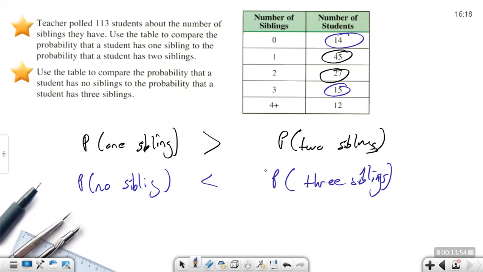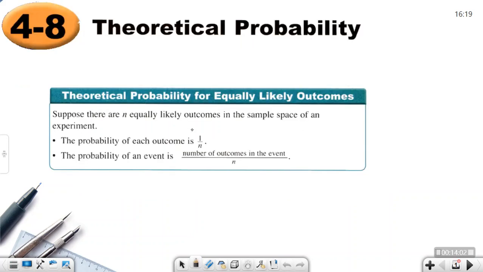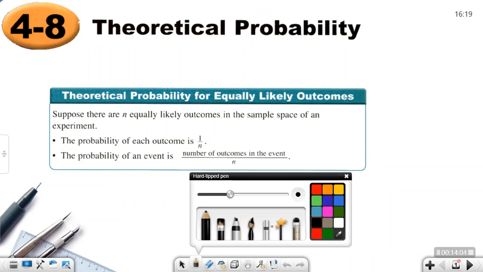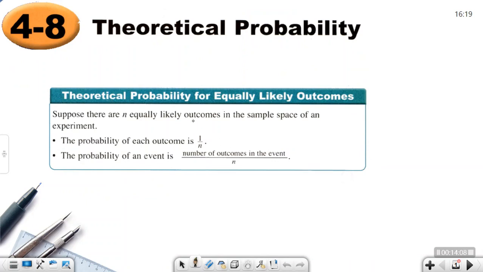After that, the next section is about theoretical probability. For theoretical probability, we cannot separate the topic of probability, so I don't want to separate the two. When we talk about theoretical probability, the probability of each outcome is 1 over n. Suppose there are n equally likely outcomes in the sample space, such as rolling a dice.